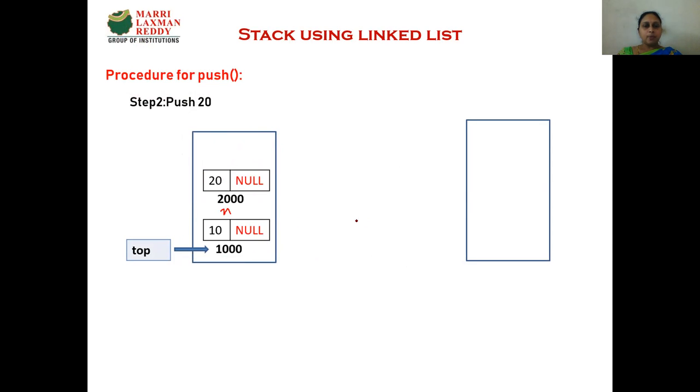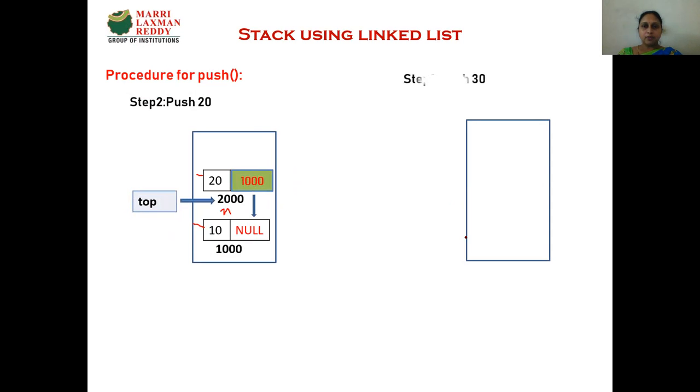Now we need to make the connection between this node and the node below. The connection is n arrow next, which should be assigned the value 1000. Then we have the connection between the top node and the node below it. With this, this becomes the top node.